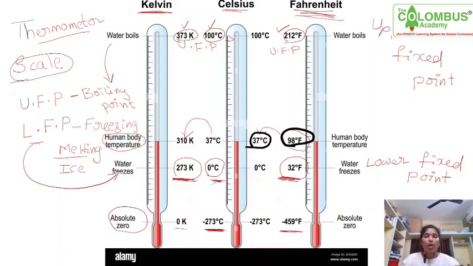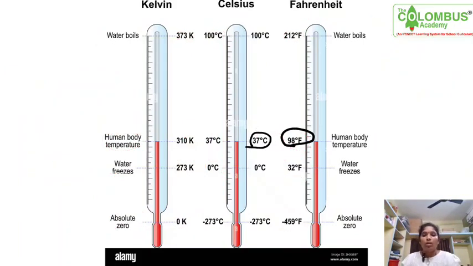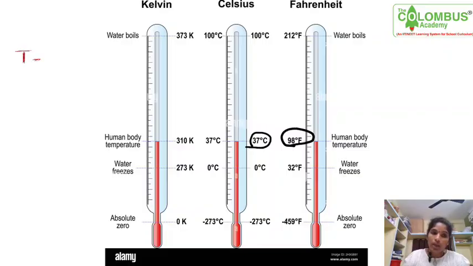How are these values equal? We have a formula to convert. If I know the value in one scale, I can convert it into another scale, and I need to have a relation. For that, the simple thing is: whatever scale you are taking, the temperature in the scale minus the lower fixed point value, divided by the upper fixed point minus the lower fixed point.